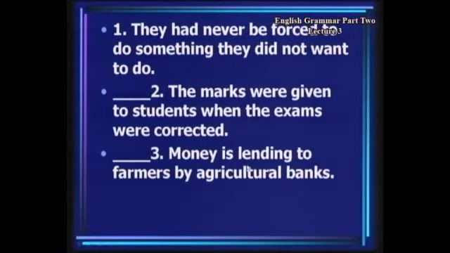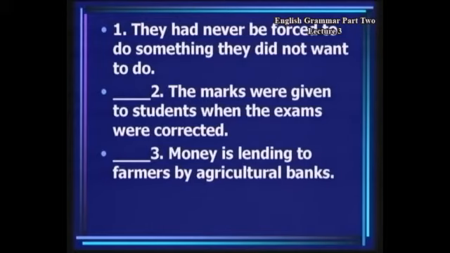Money is lending to farmers by agricultural banks. Money is lending. Okay. We know that when I change the sentence to passive it should be in the same tense.